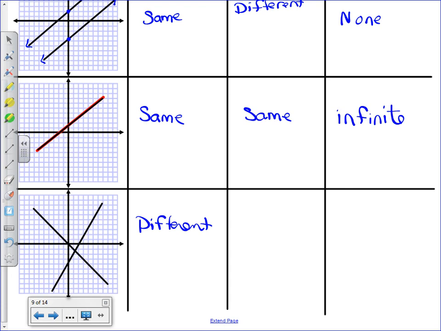Well, look, here's my y-intercept here. So they're different. And how many points of intersection will they have? If you have a different slope and a different y-intercept, how many solutions will you have? Trevor? One.